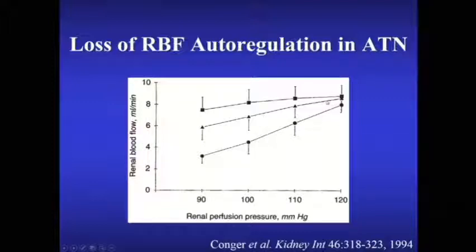But here, these are rats that were subjected to ischemic acute kidney injury by clamping off the aorta above the renal arteries, and these are rats that were given norepinephrine infusion. You can see that the autoregulation is lost, to the point where even what we would consider, in humans, the low normal range of blood pressures, there was a significant decrease in renal blood flow.